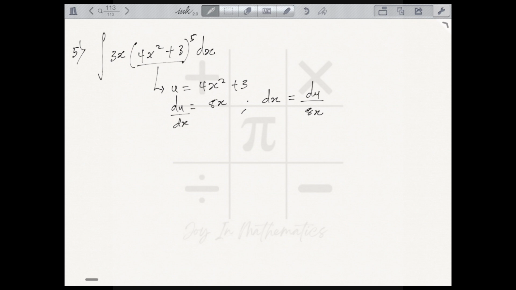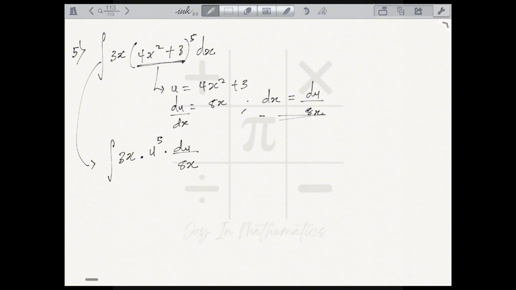So let's rewrite the question using variable u instead of variable x. So we have 3x, then we made a substitution of 4x squared plus 3, and that will give us u raised to the power 5. And our dx is now du over 8x.